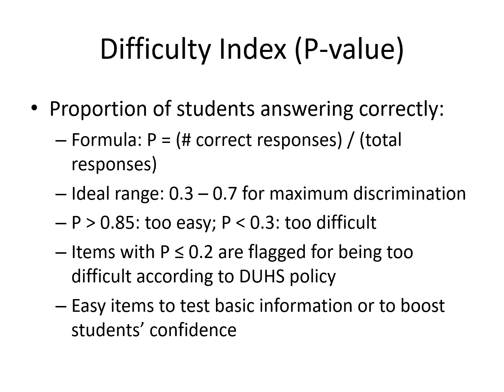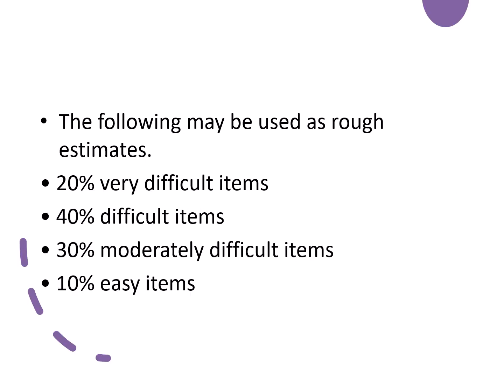But then there is a discussion that most of the faculty members say that 0.85 or even 0.9 can be acceptable if the easy items are testing basic information, or are there to boost the students' confidence. So this is debatable, and most of the faculty members prefer that easy items should be given to students, and not all of the items should be difficult. Keeping with this argument, here are evidence-based recommendations which can be used as rough estimates.